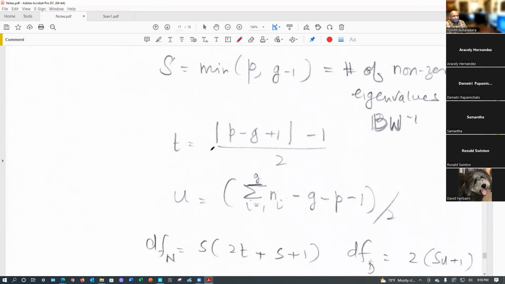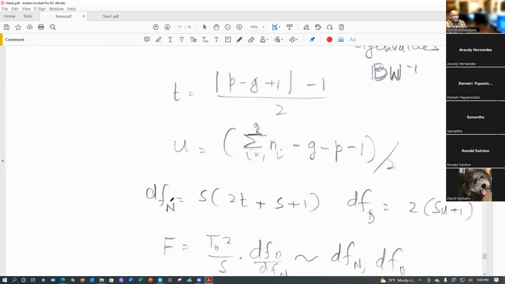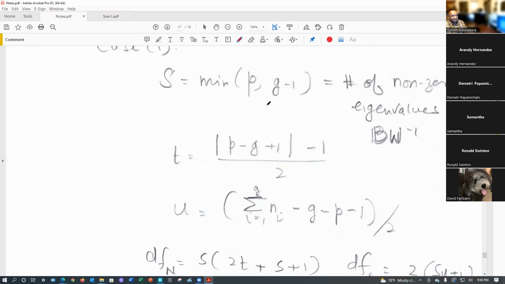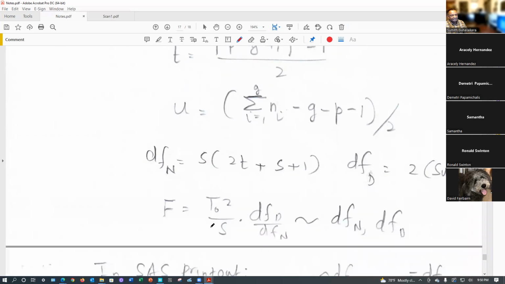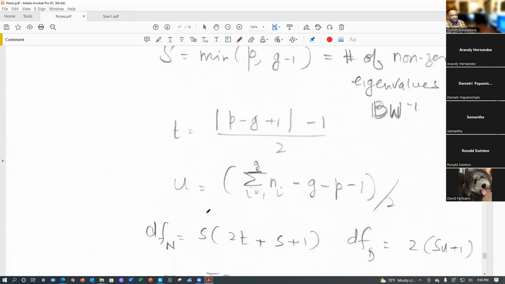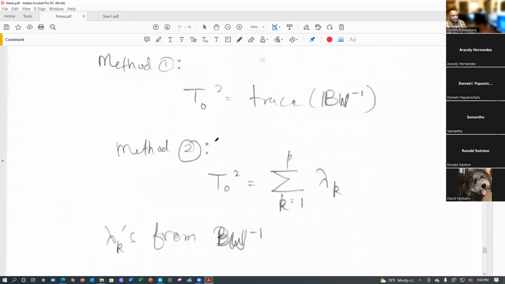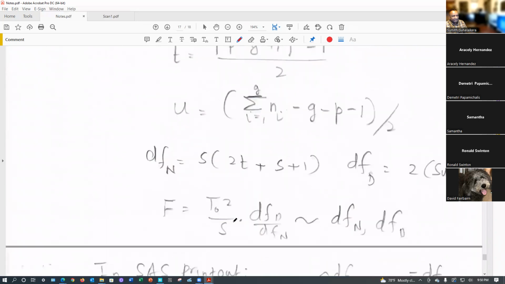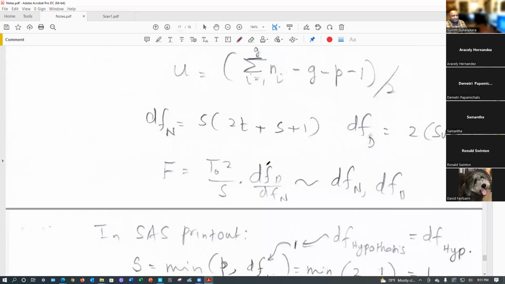And this one P, this one U, degrees of freedom of F distribution would be numerator this one, S, degrees of freedom of denominator would be this. If that's the case, F would be T naught squared, which is denoted by the Hotelling-Lawley trace, divided by S, times degrees of freedom of denominator. See?